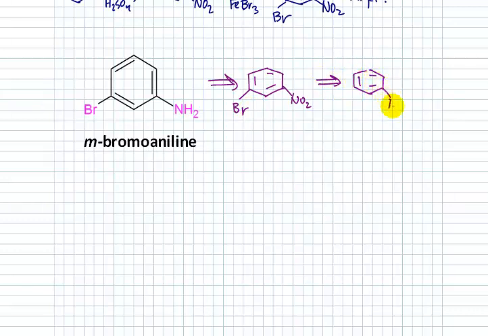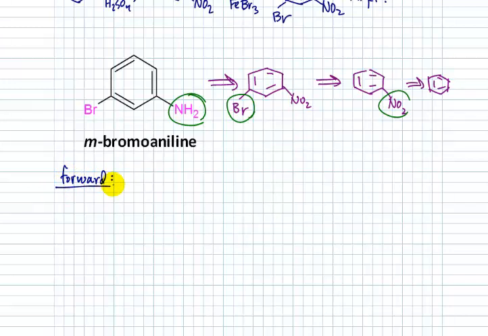So that comes from just nitrobenzene, and that comes from just regular old benzene. So that's sort of our key here. The nitro group becomes the amine in the very last step. Okay? Before that, the nitro group allows the bromine to be attached, and then before that, we can put the nitro group on.